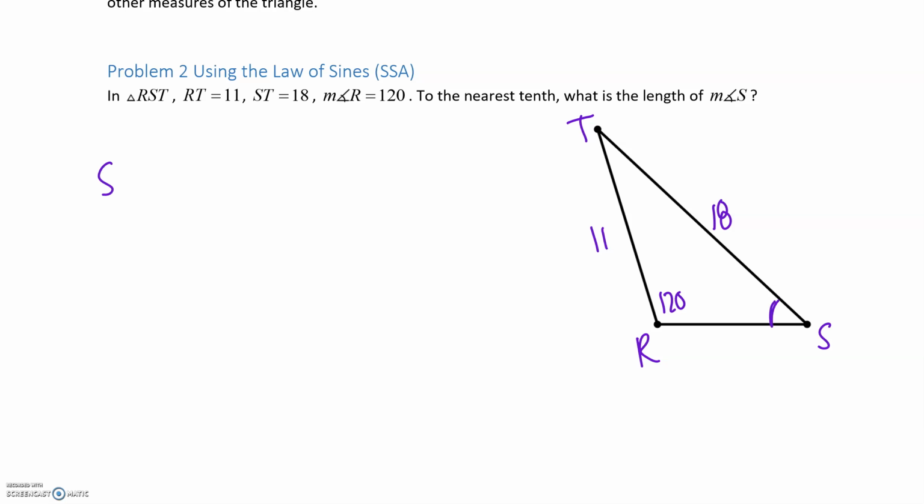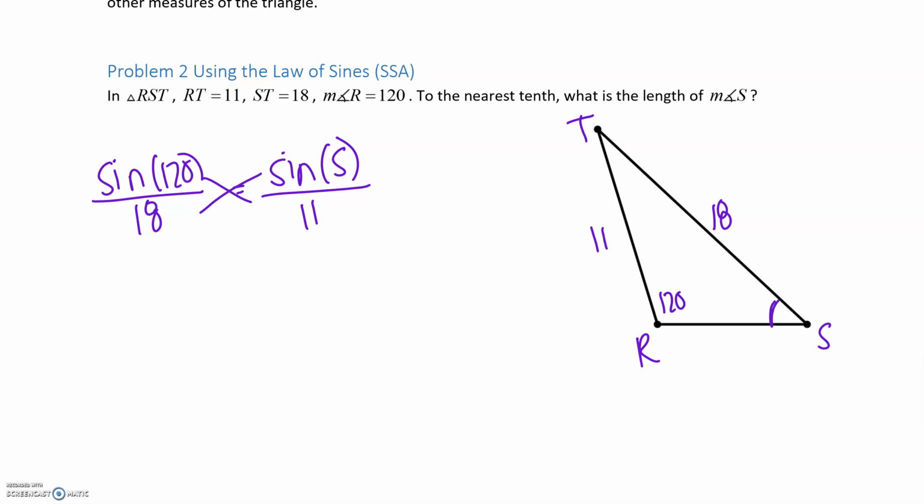So what we're going to do is have sine of 120, so our angle is always going to be on top, over 18 equals the sine of S over 11. We're going to cross multiply.